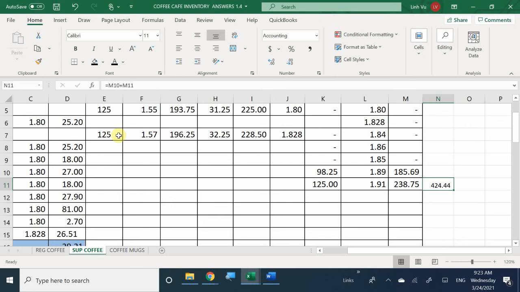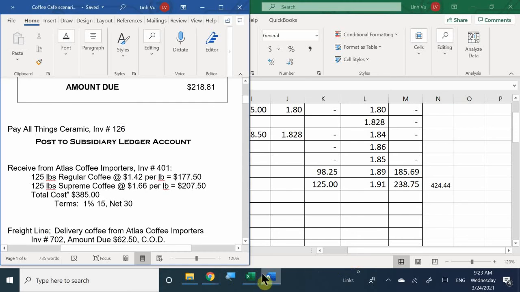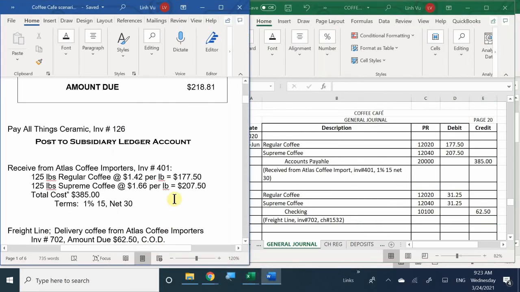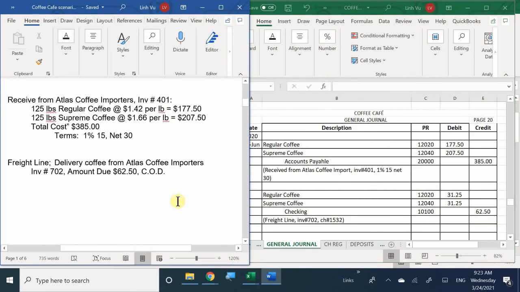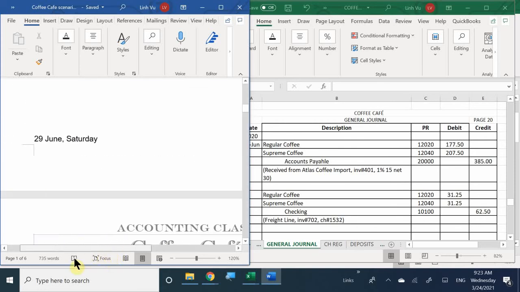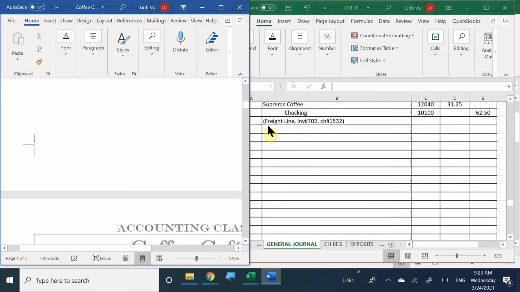So I should have 424.44. Okay, good. All right. Now that we completed that transaction, we are still on the 29th.